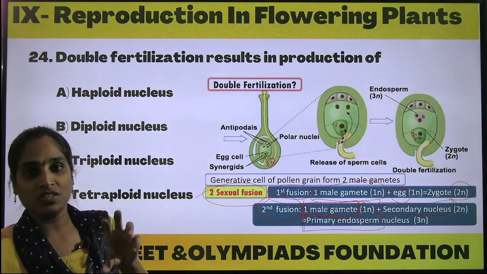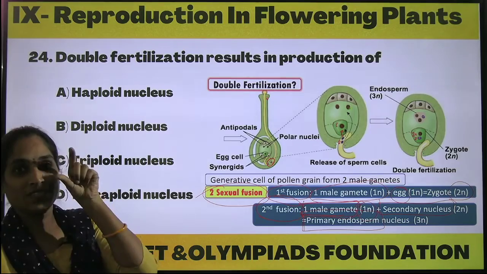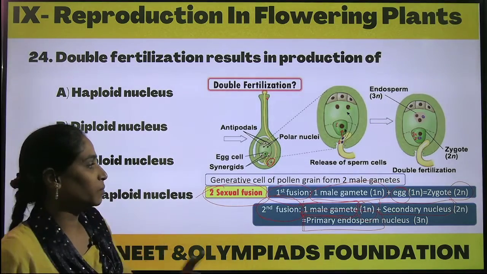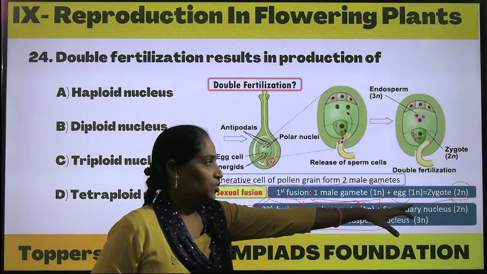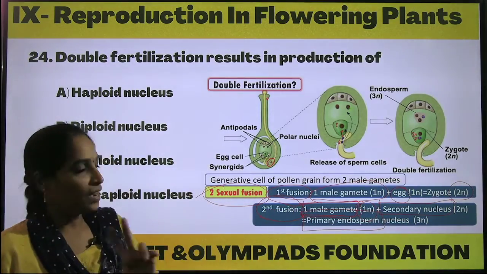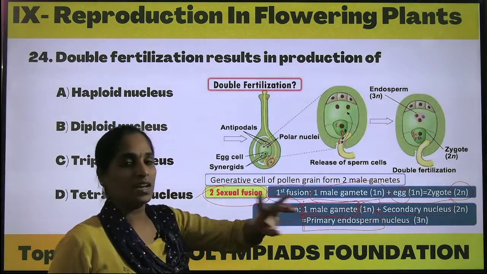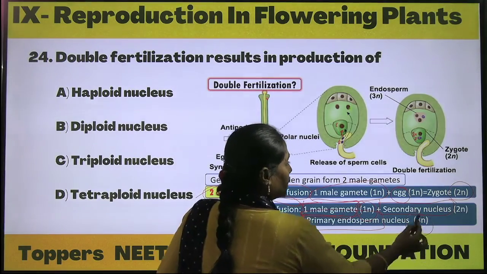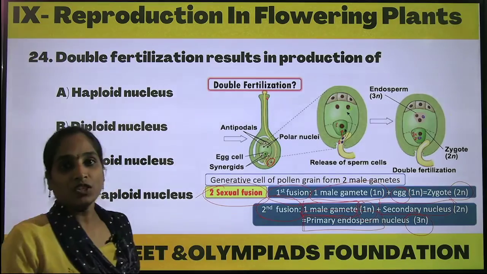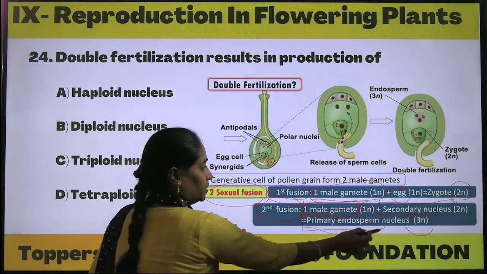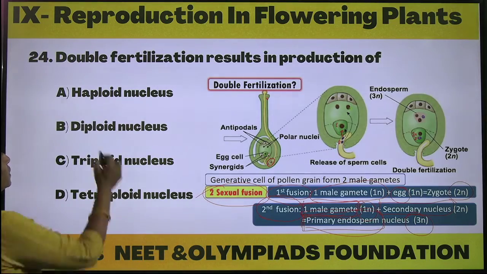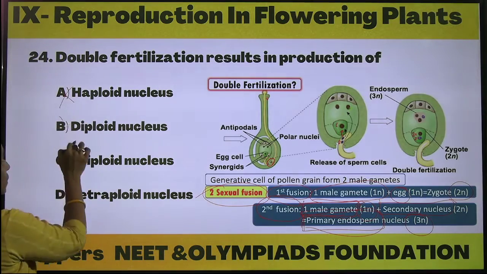Within the central cell, already we have observed the nuclei are 2 in number, 2n. In the secondary nucleus we can observe the nuclei are 2, and the male gamete has only a single one. So in total how many will be forming? 3n nuclei in the primary endosperm. So what will be the correct option here? It's not haploid, it's not diploid.